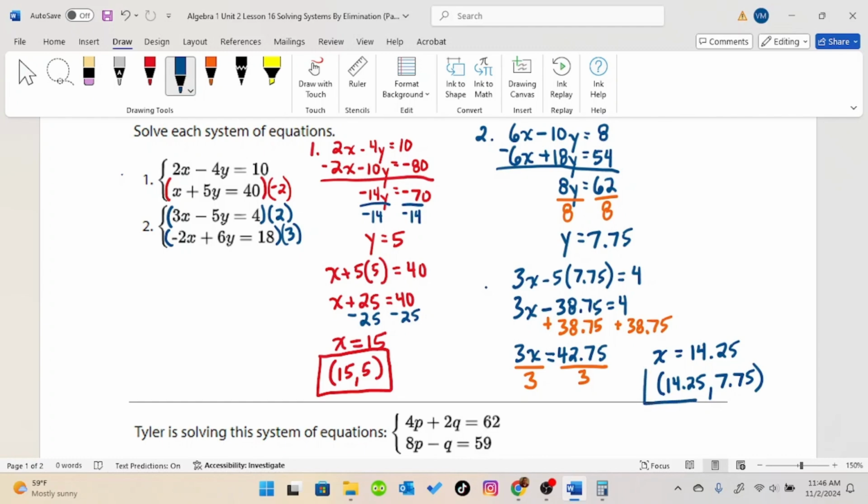These values make both equations true, and on a graph, they are the point at which these two lines would cross. If you have any questions about this practice problem, please use class time to ask for further clarification before we move on.